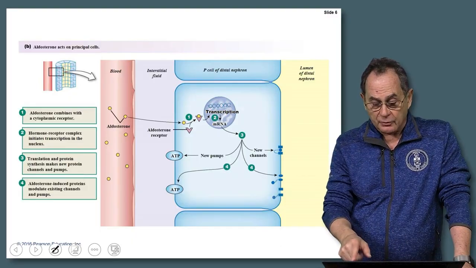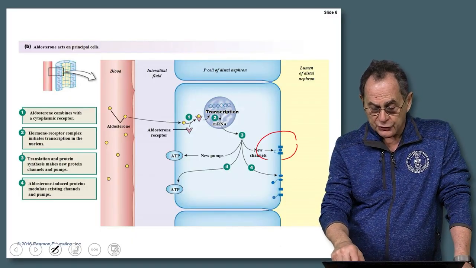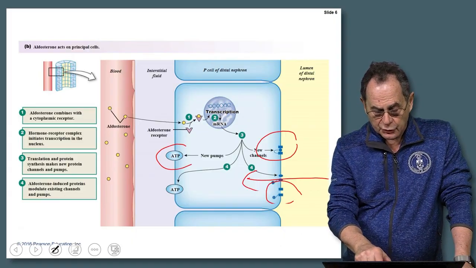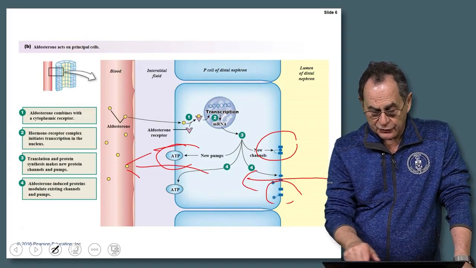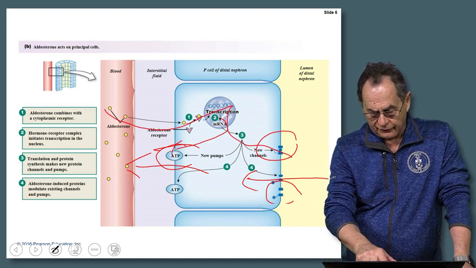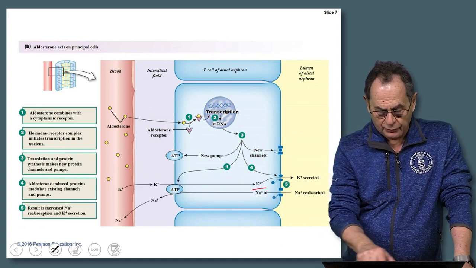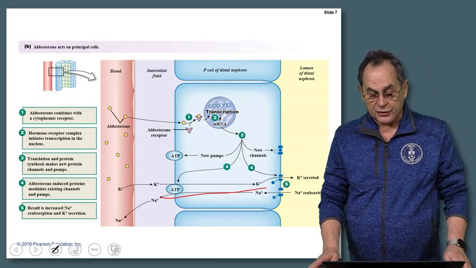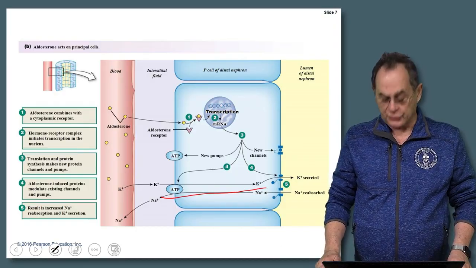So you can see that in this particular case, new channels that tend to be more open favor reabsorption, and more sodium-potassium ATPase moves the sodium. So as aldosterone goes this way, influences these two effects, sodium goes that way. And the sum effect is that you increase sodium reabsorption.